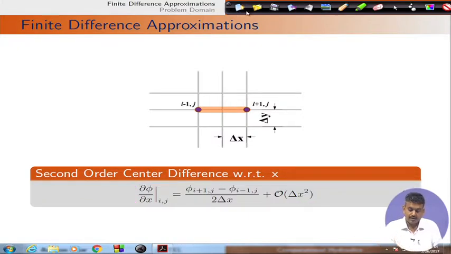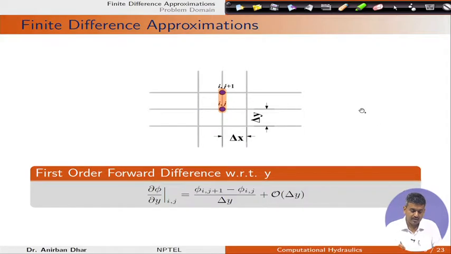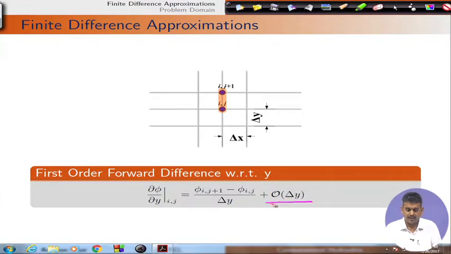We can again discretize the derivatives in another direction. The first order forward difference with respect to y, again this is with del y accuracy.